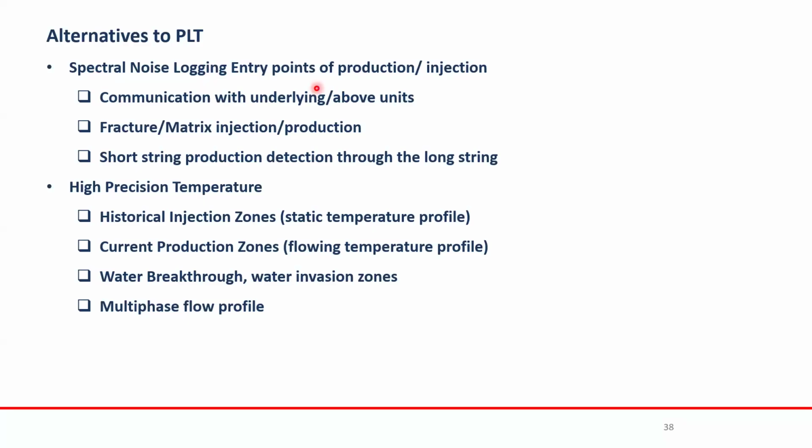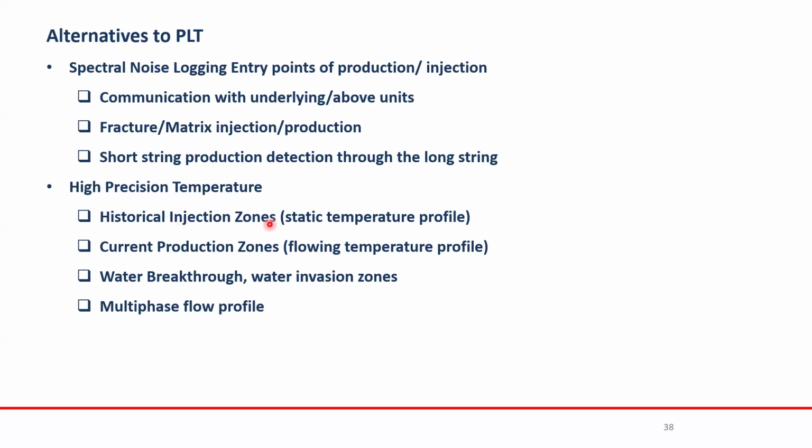Spectral noise looks at entry points of production and injection, communication with underlying and above units, fracture and matrix injection, short string production detection through the logging string, and high precision temperature. Why temperature? We have a noise log and we have a temperature log as well. This temperature can give you any fluid movement inside the formation.